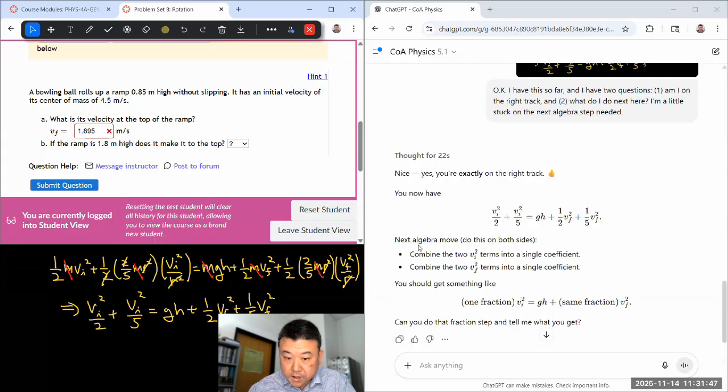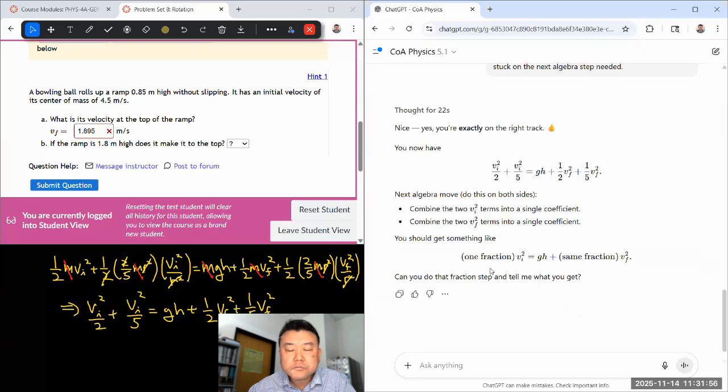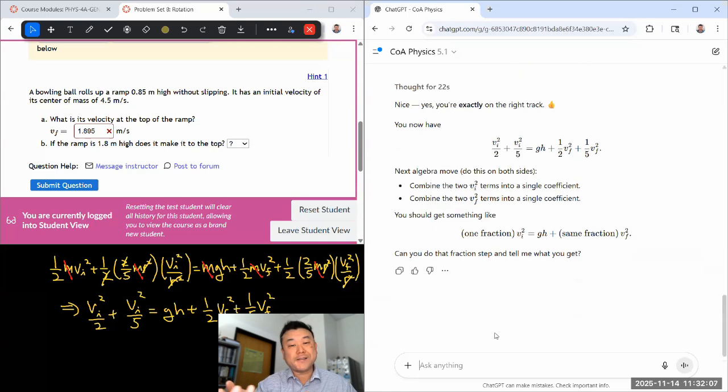You now have, in the next algebra move, combine the terms to a single coefficient. Do I want to pretend that I don't know how to combine fractions? I'll pretend that I've been struggling with fractions.